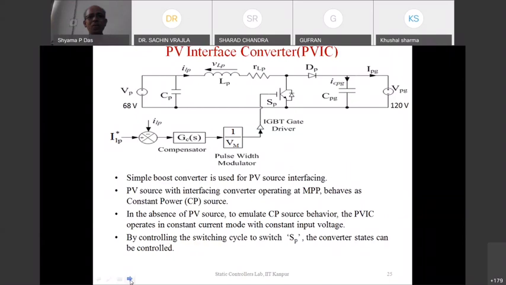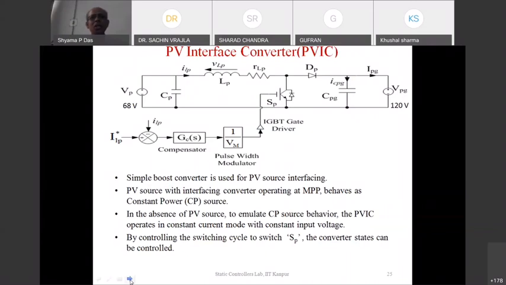So we have a boost converter here, and usually when we have a real photovoltaic panel, we use an MPPT. MPPT stands for maximum power point tracking. This ILP star, shown in the control input here, the reference input, is obtained from the MPPT controller, which runs in the background and gives a reference current.